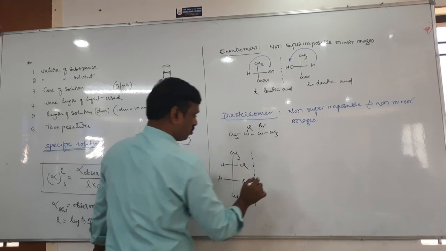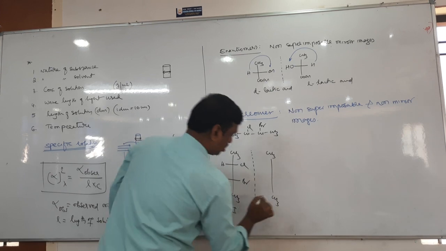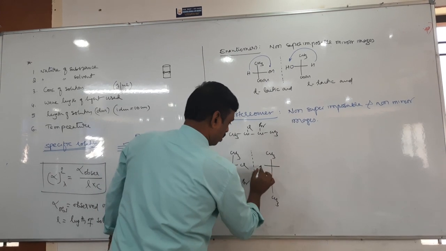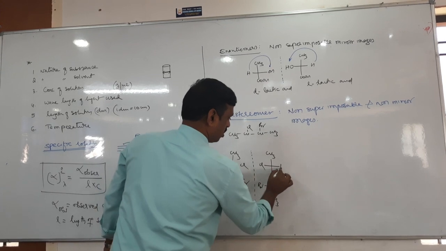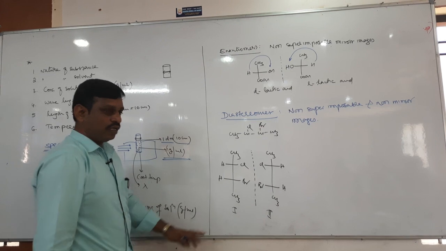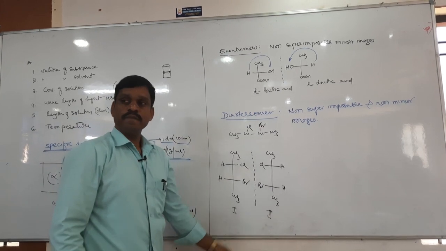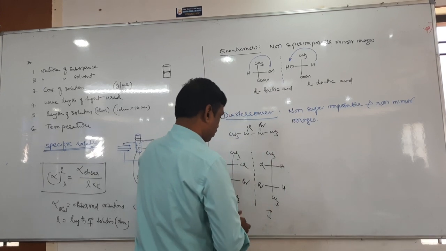What's the mirror image? CH3 comes the same. Chlorine on the right side comes to the left side, H, H, structure 2. Tell me, structure 1 and structure 2, both are what? Enantiomers.